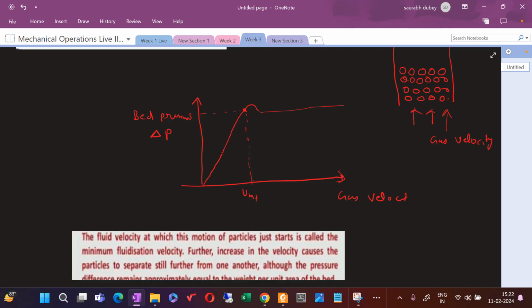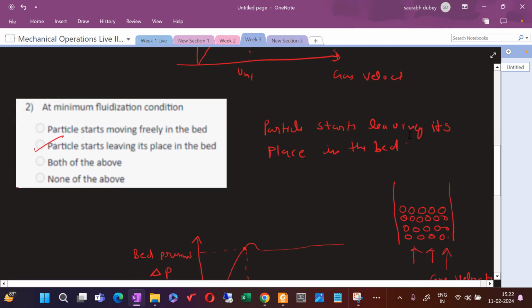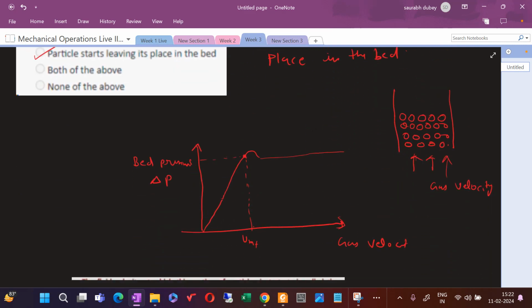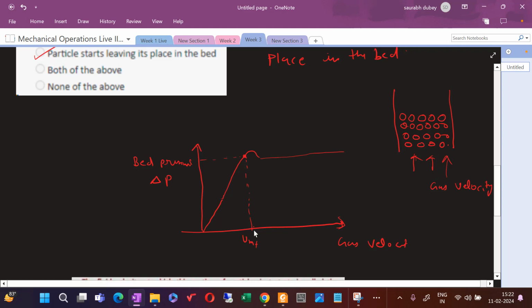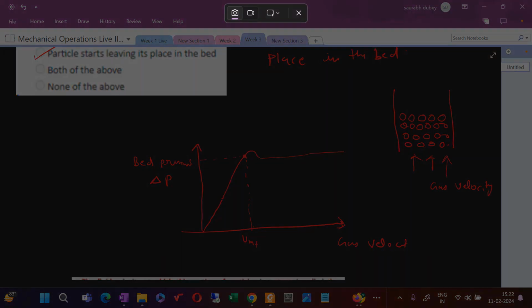That happens when the fluidization starts, meaning the lifting of the particles starts, and this velocity is explained in terms of the minimum fluidization velocity.